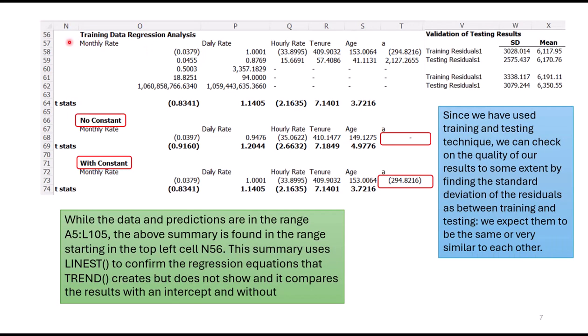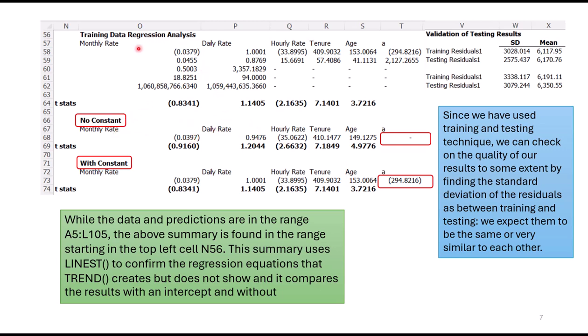Again, I've used the LINEST function here to help me to demonstrate what the regression coefficients are and the t-statistics. This is with a constant, which are confirmed down here, and without a constant, which I just show here.